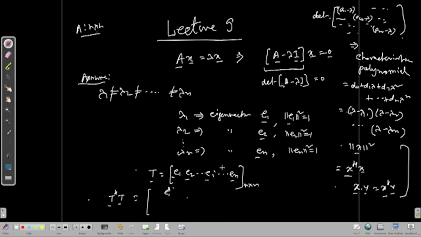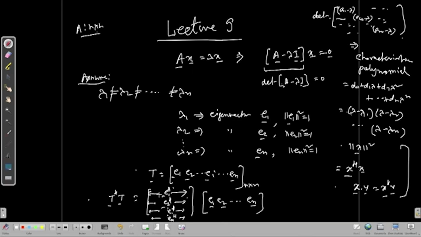E1 is made into a row from a column and every element conjugated, which is nothing but E1 H, a row vector. Then the second column will be the second row after transposition, and then conjugating each element, it becomes E2 H, and so on, Ei H, the ith row, and En H, the nth row. This is your T H, and then T is this.